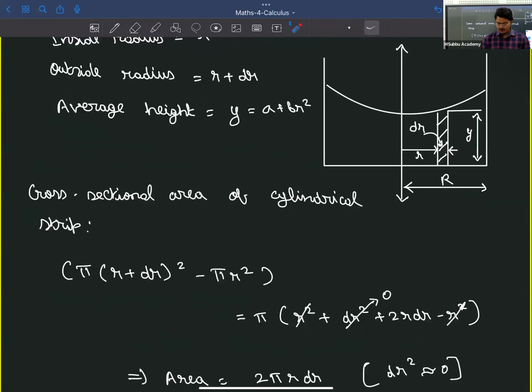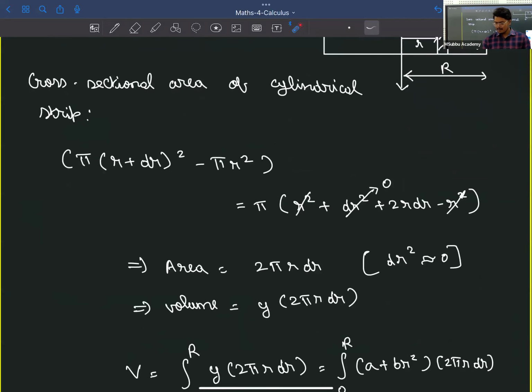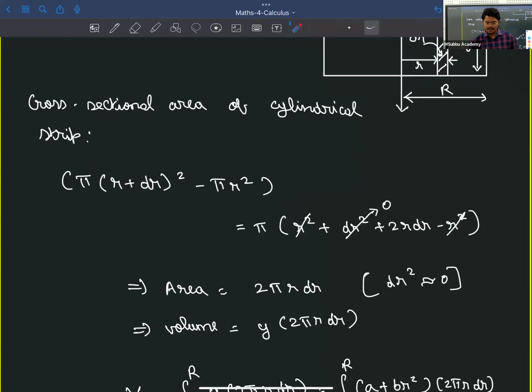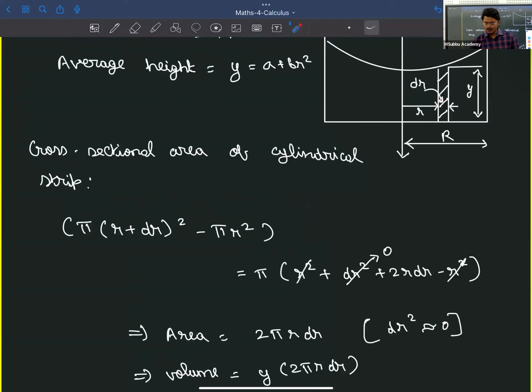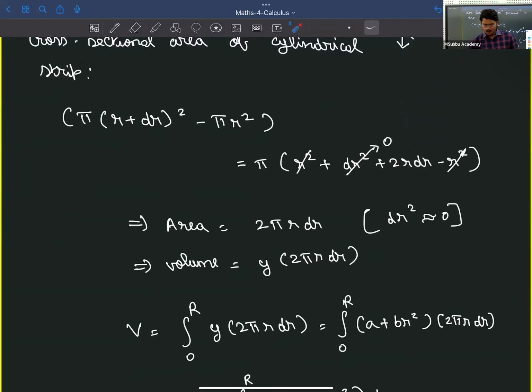Now simplify: r square plus dr square plus 2r dr minus r square. The r square cancels, and dr square will be 0 because dr is already a small term, so dr whole square is a very small term. The remaining term is pi into 2r dr, which is the area.